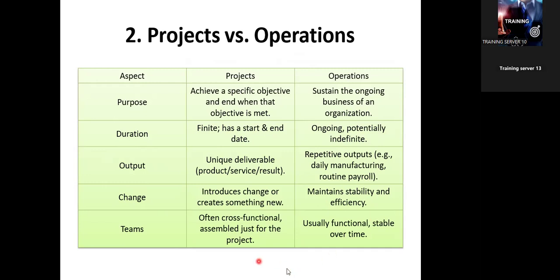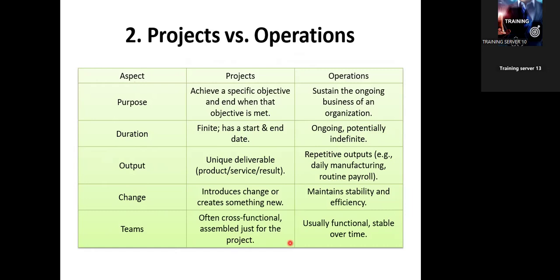And here, the last aspect is about teams. Of course, in the project, it's cross-functional. What's the meaning of cross-functional? That means it has lots of different operations and functions, so we call it cross-functional.